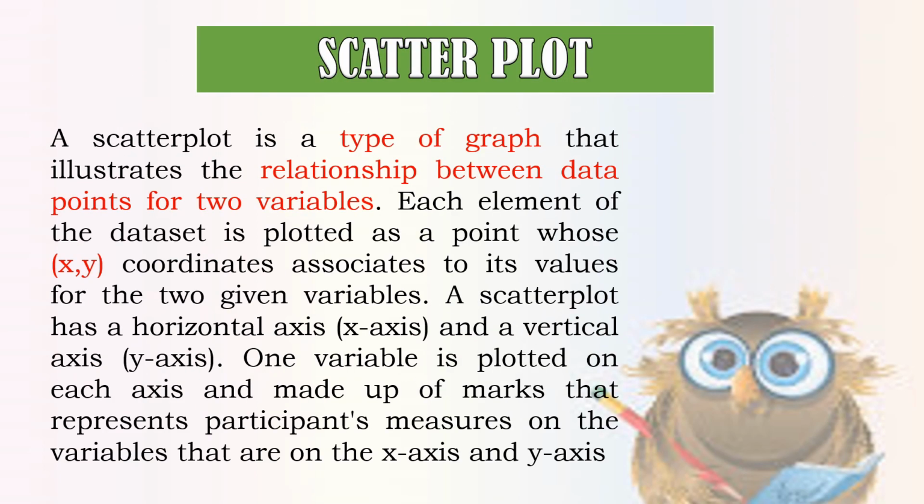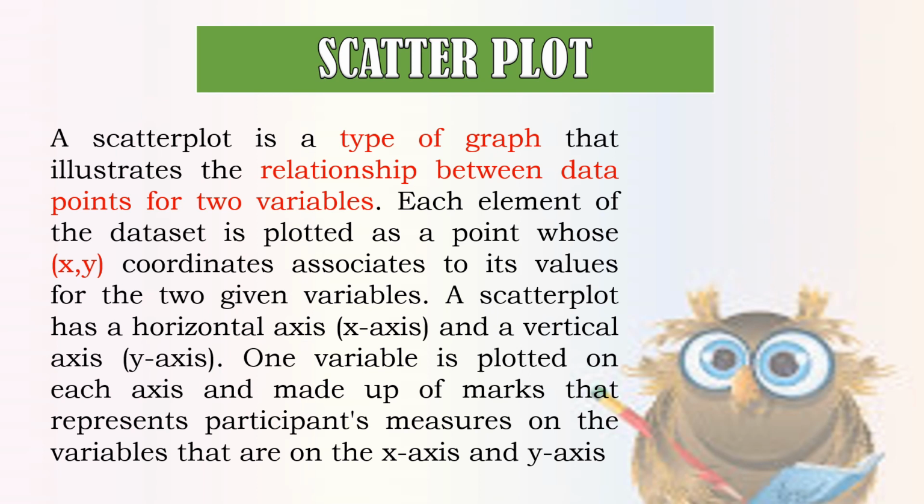Let's discuss first what a scatter plot is. A scatter plot is a type of graph that illustrates the relationship between data points for two variables. Each element of the dataset is plotted as a point whose x, y coordinates correspond to its values for the two given variables.